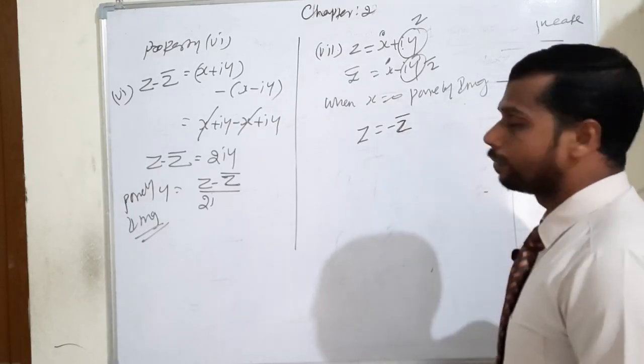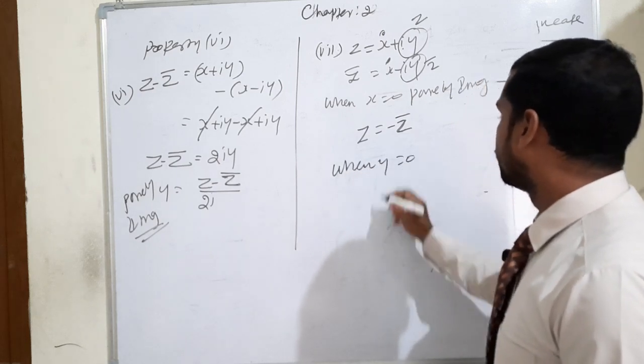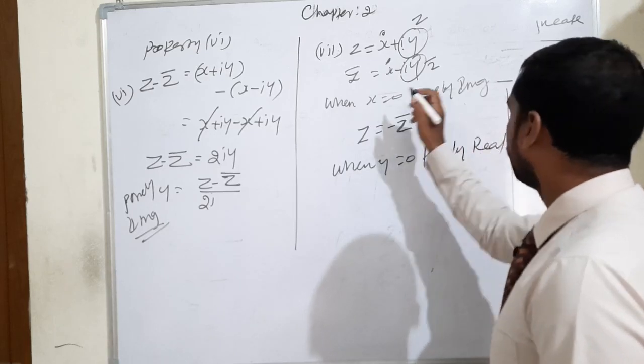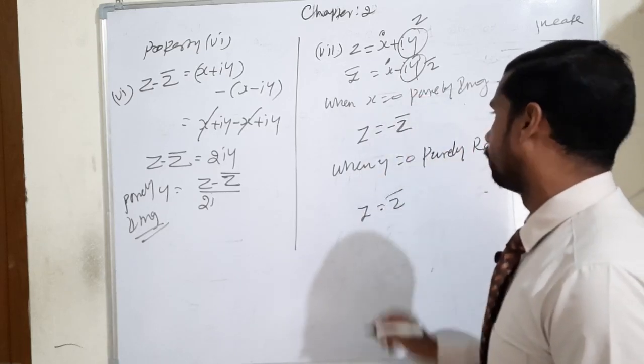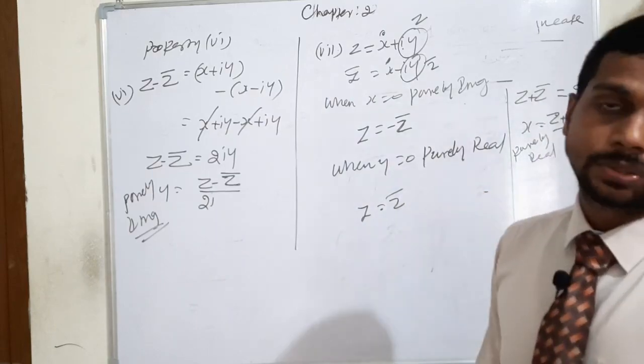But when y is equal to 0, it is purely real, so we can say Z is equal to Z bar. That is the important difference between purely real and purely imaginary.